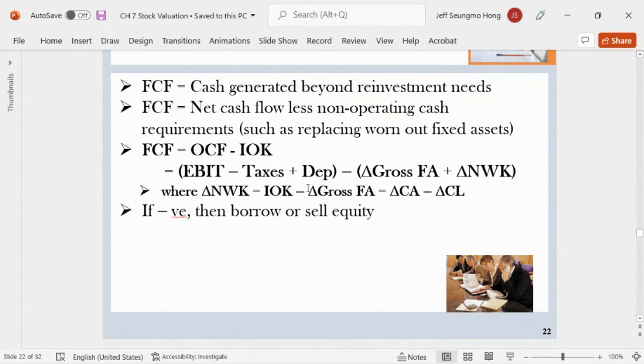First of all, EBIT is less than the actual cash flow. Taxes you cannot touch because it belongs to the government, so you have to subtract taxes. Depreciation is actually a non-cash outlay.